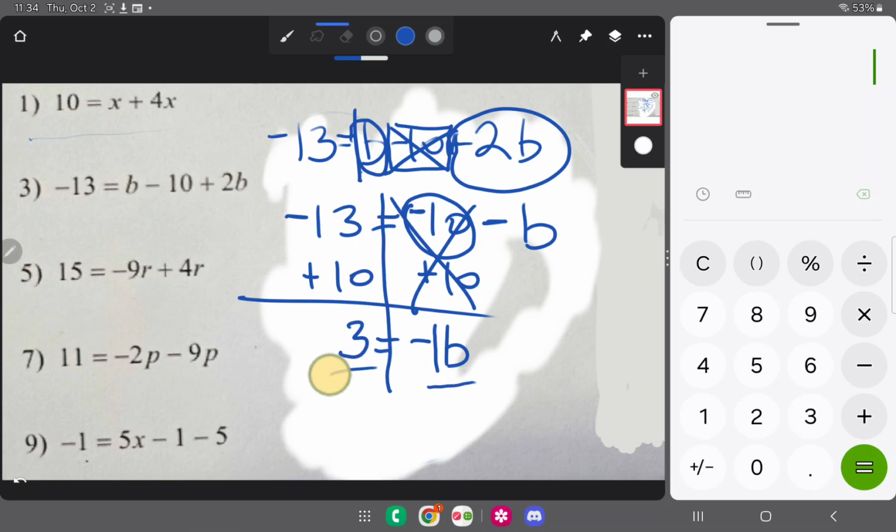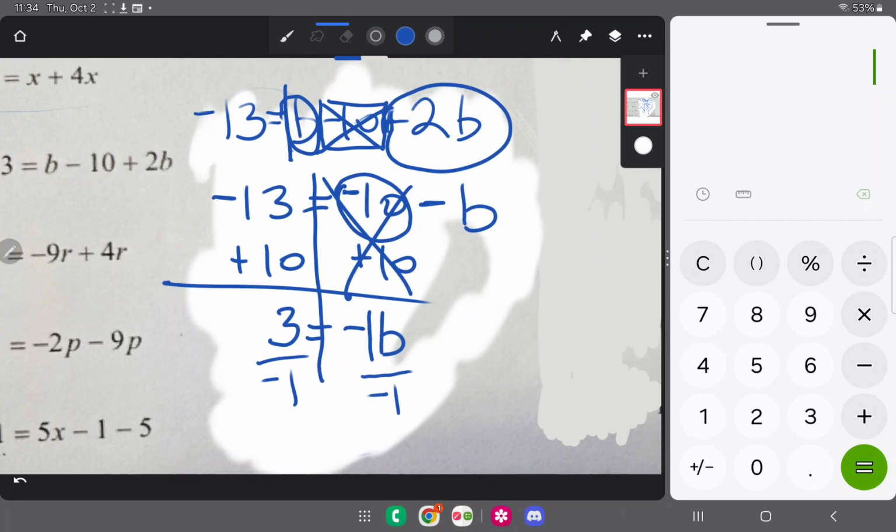So in order for us to undo the times, or to get rid of the negative, we have to divide. Once we divide, that gets rid of that. And then 3 divided by negative 1 is negative 3, equal to b. We got b by itself because that negative sign still counts as something on that side.